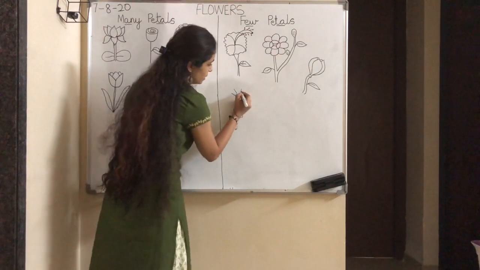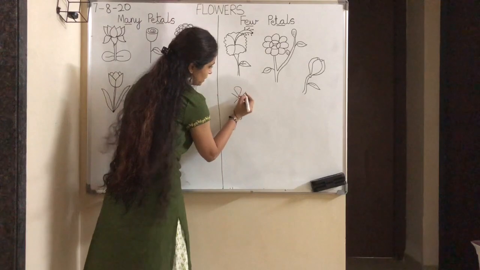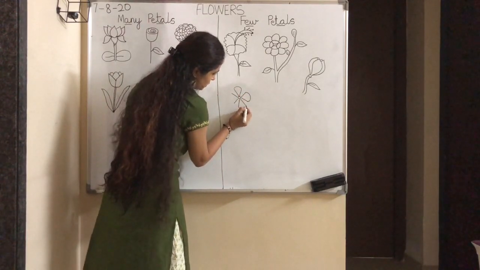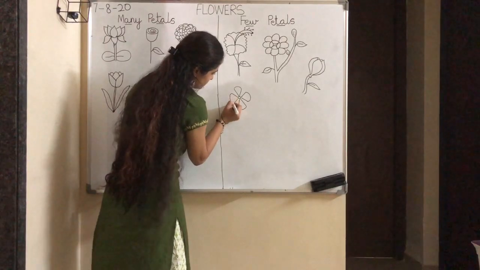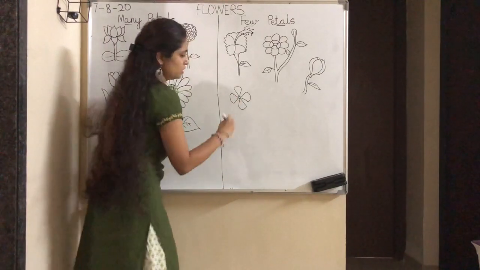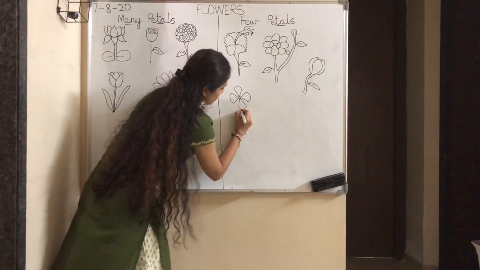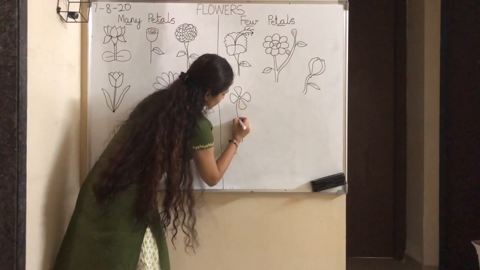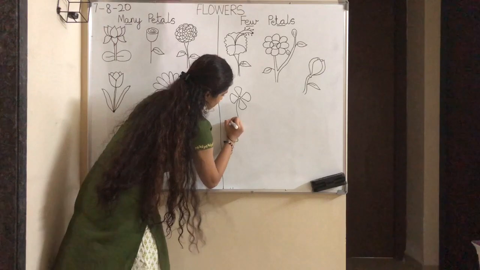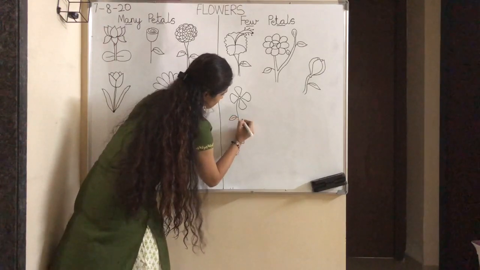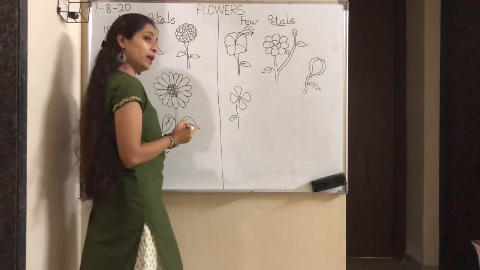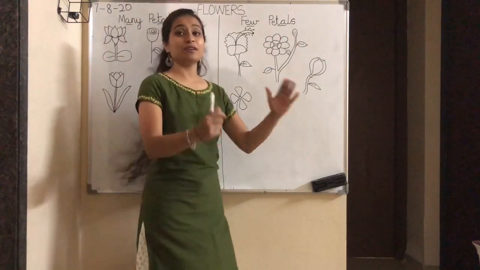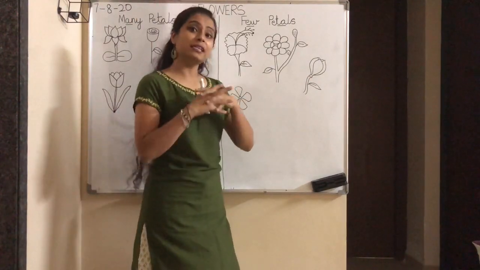Okay, and then you have to join the slanting lines. Just one jump. So this is periwinkle. Which flower? Periwinkle. The last flower that we are going to draw is lily.